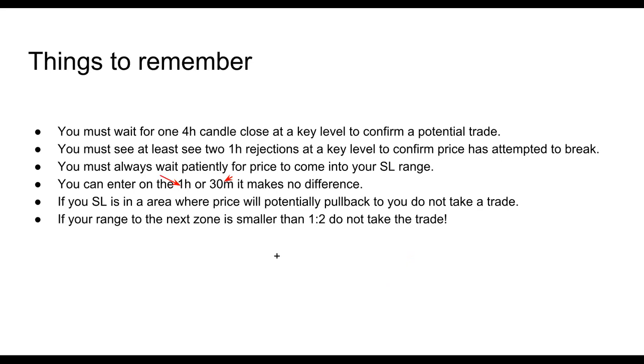We're not going to get into the market if the market continues to push up and we're looking for sales, because we only get triggered into the market when the market is in momentum. So candle formations mean nothing to us. All we're waiting for is for price to come into our stop loss range or above it and then enter the market when price starts to push down. Does this make sense?